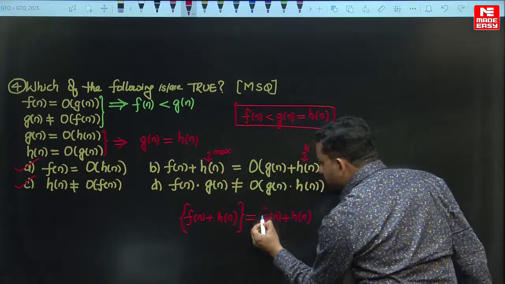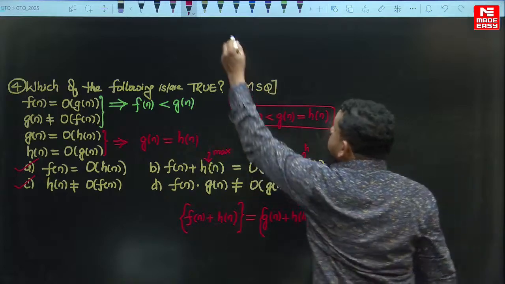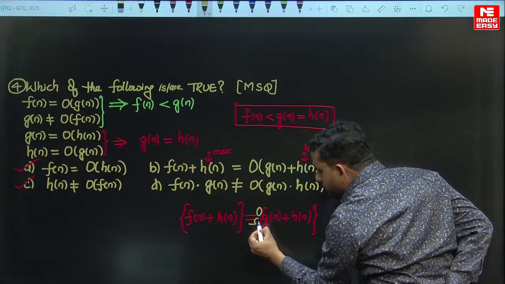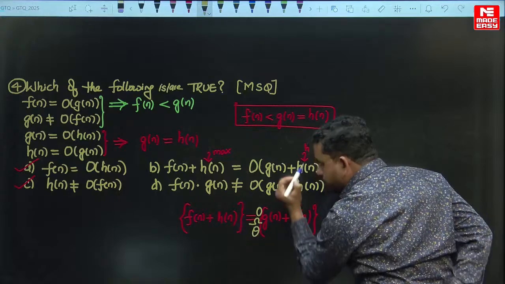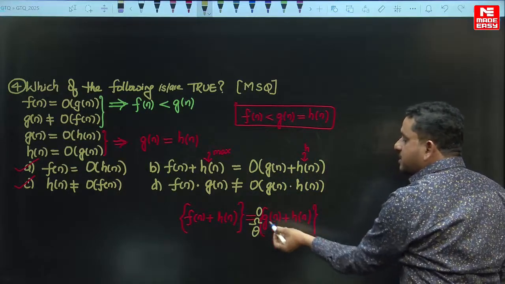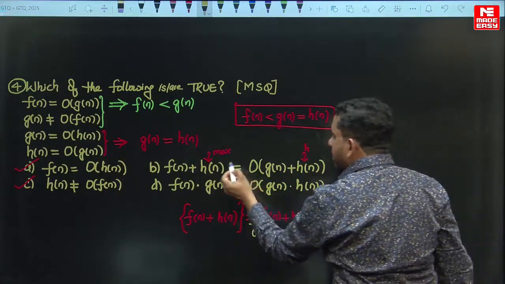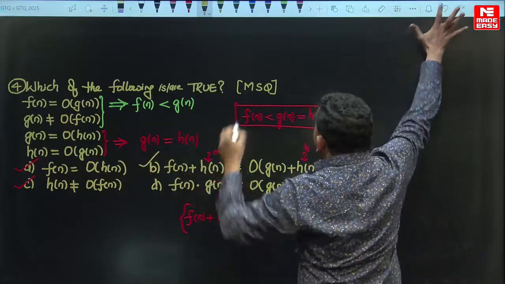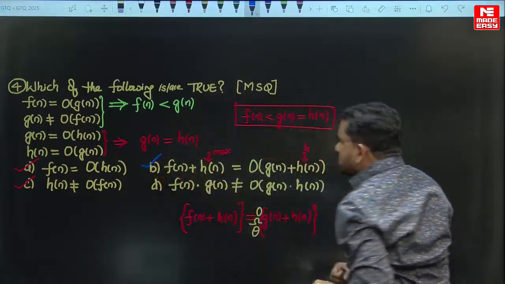Because of asymptotic equality, big O is true, big omega is true, theta is also true. So option B is also true.